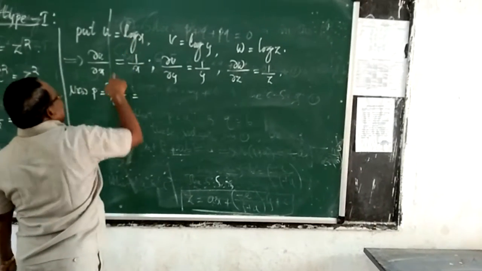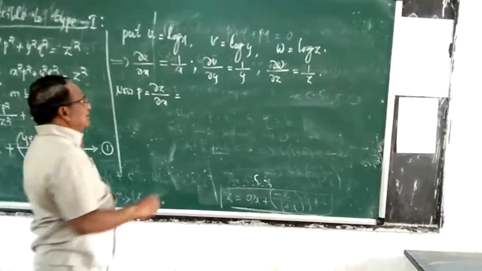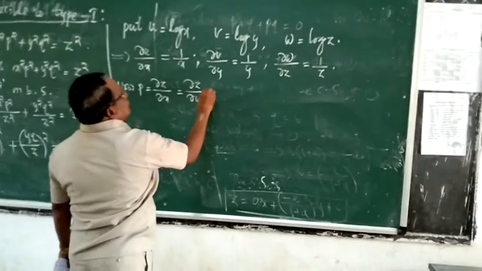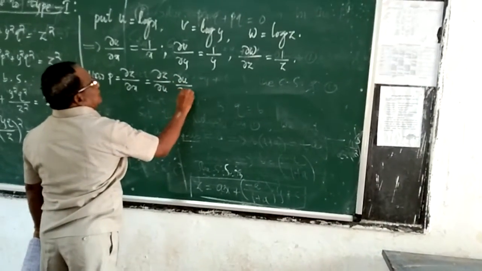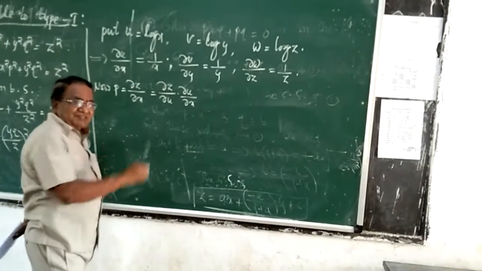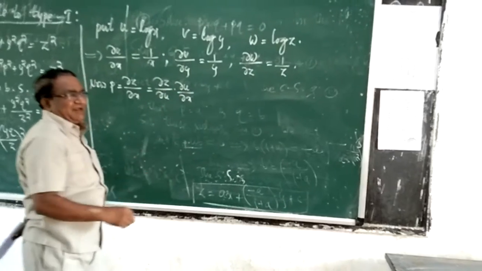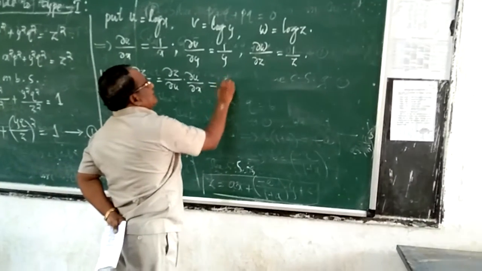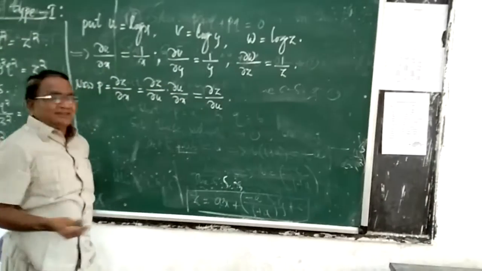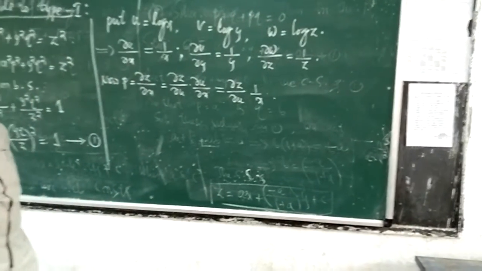Here z is a function of x, and x is a function of u. Using chain rule, dou z by dou x may be written as dou z by dou u into dou u by dou x, which is dou z by dou u into 1 over x.